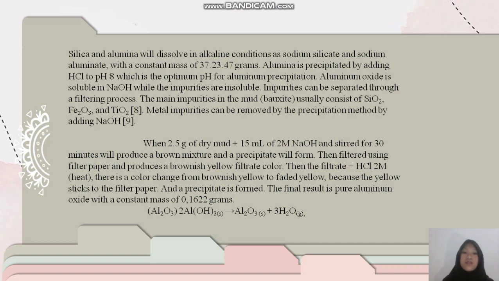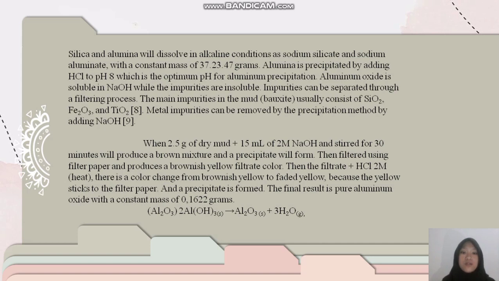Alumina is precipitated by HCl to pH 8, which is the optimum pH for aluminium precipitation. Aluminium oxide is soluble in NaOH while the impurities are insoluble.